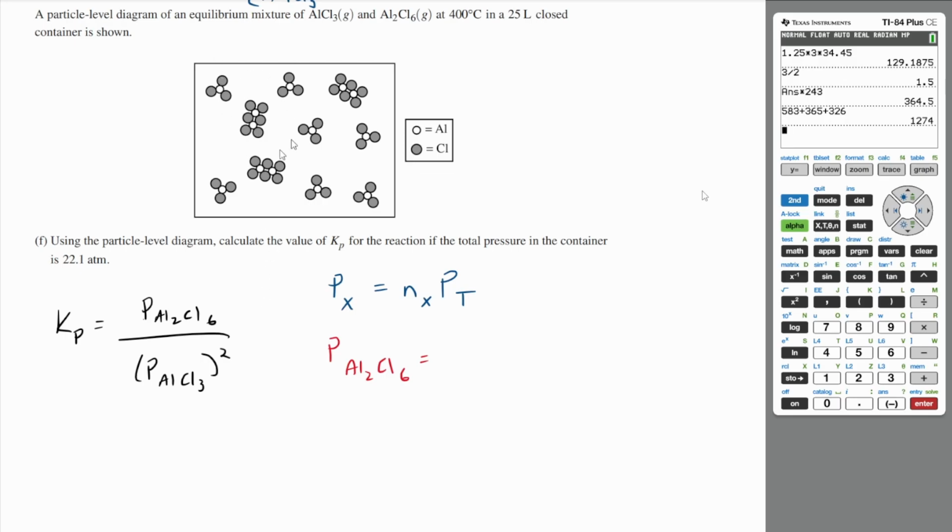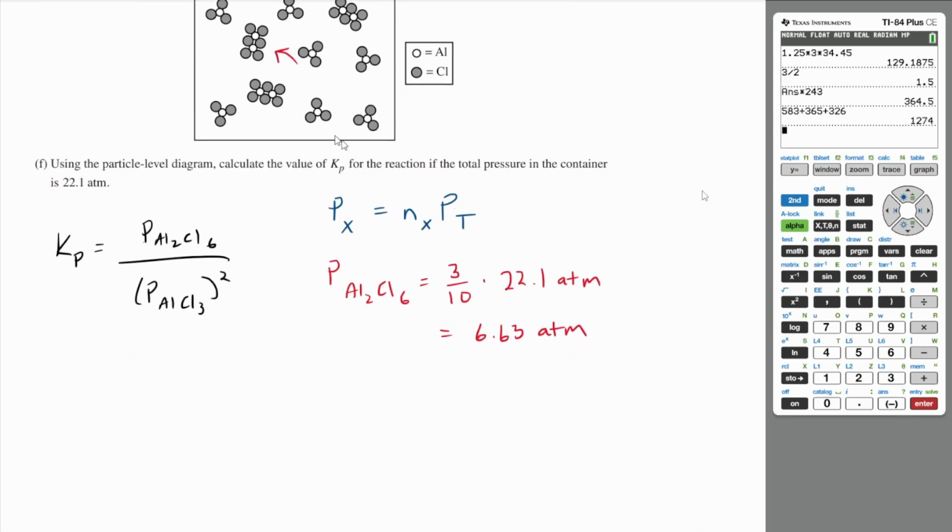So what's the mole fraction of these bigger compounds? Well, you have 3 of the bigger compounds and 1, 2, 3, 4, 5, 6, 7 of the smaller ones, so a total of 10 molecules. So that's going to be 3 over 10 times the total pressure, which is 22.1 atmospheres. So the partial pressure is going to be about 6.63 atmospheres.